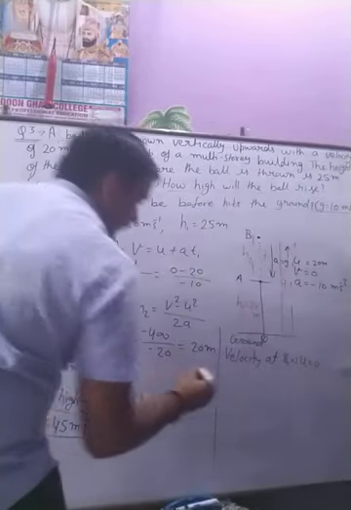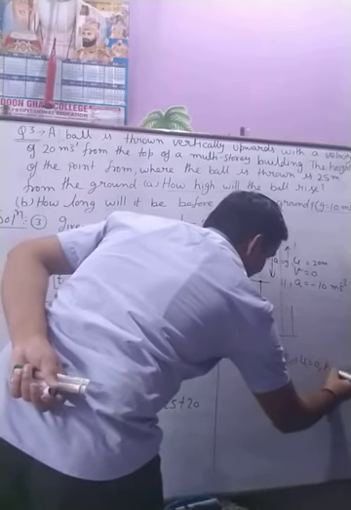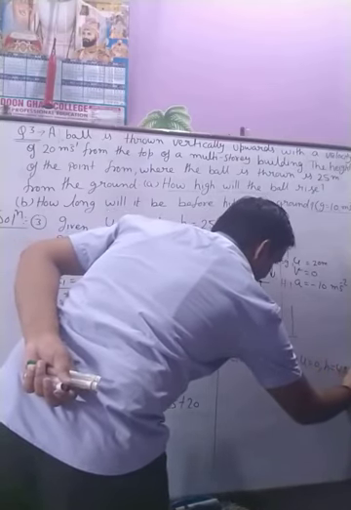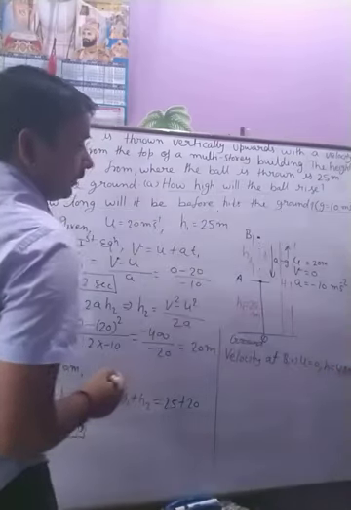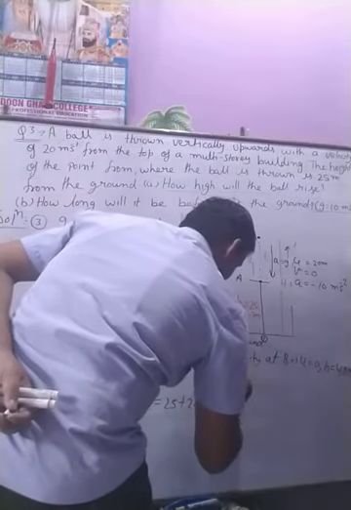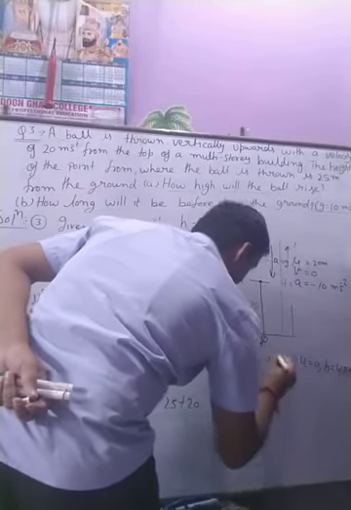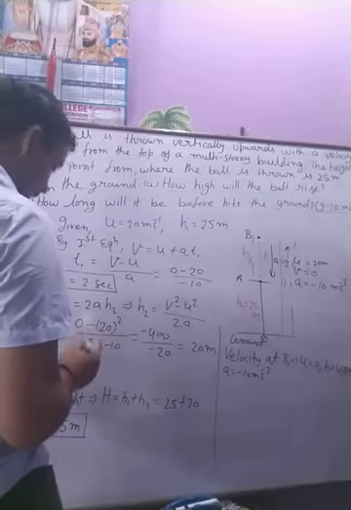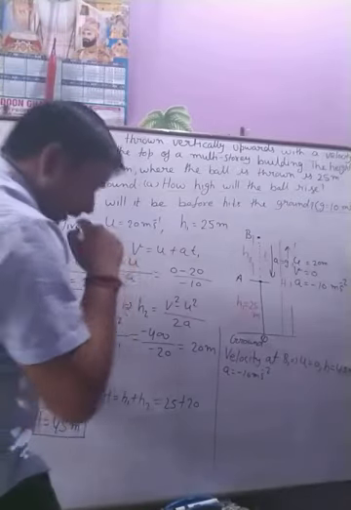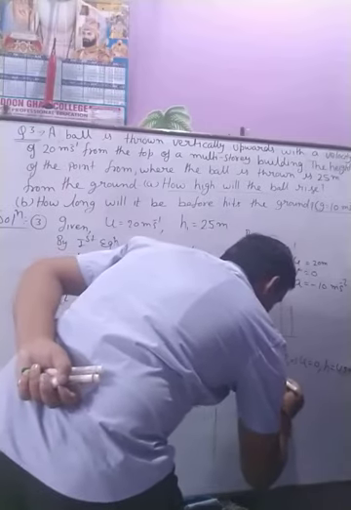Okay, therefore, distance is 45 meter. Acceleration is minus 10 meter per second square, and time we need to calculate.